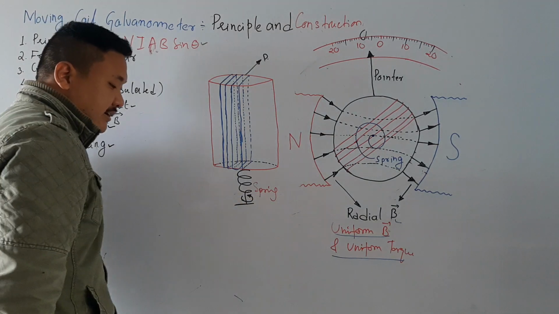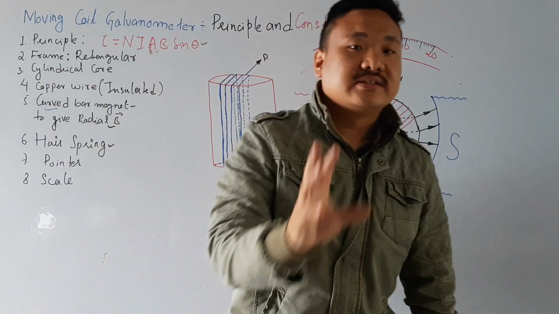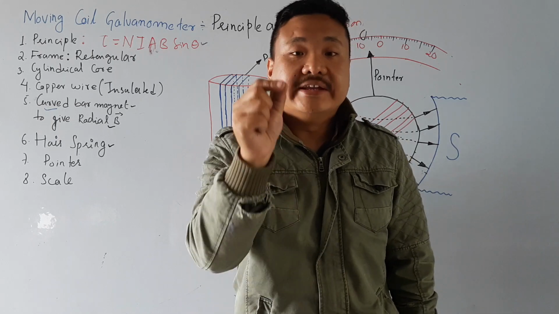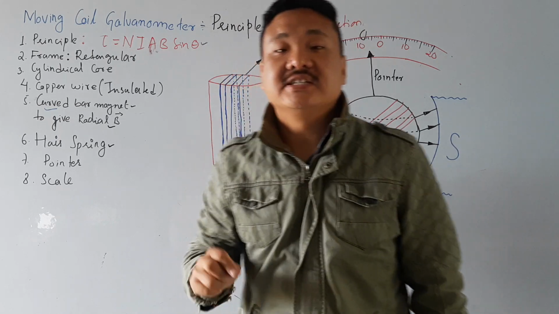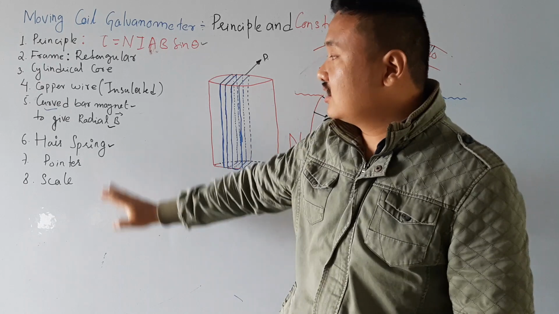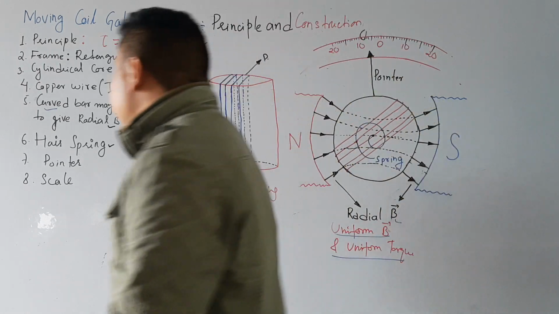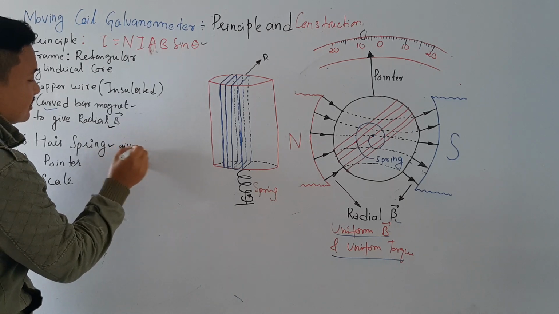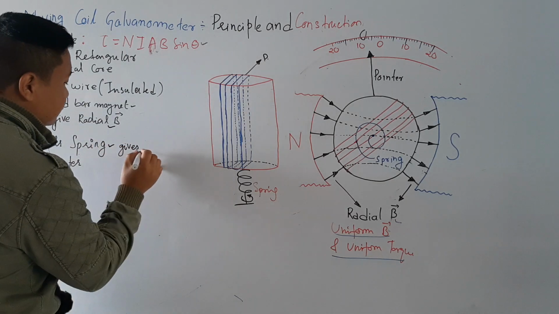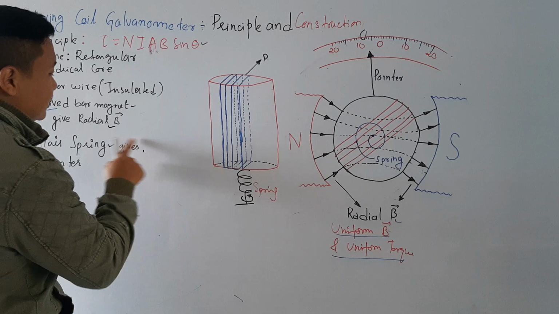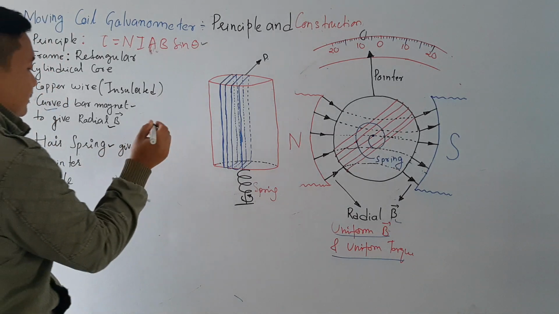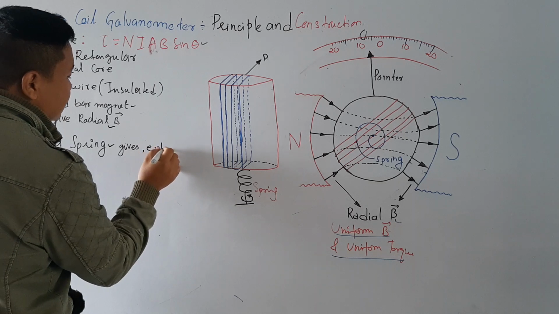Why is it a hair spring? Because this spring is very, very small, very, very thin, like a hair. So this is called a hair spring. What does it give? In a simple way, it gives external torque.